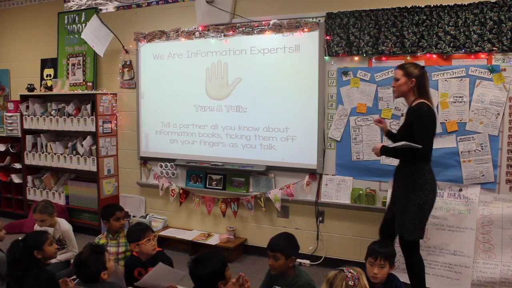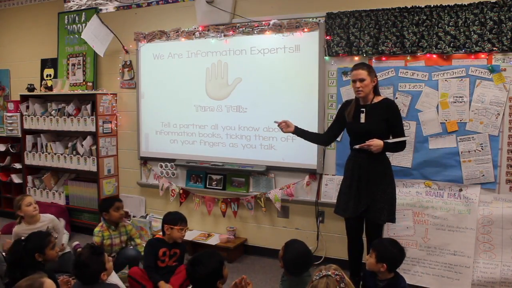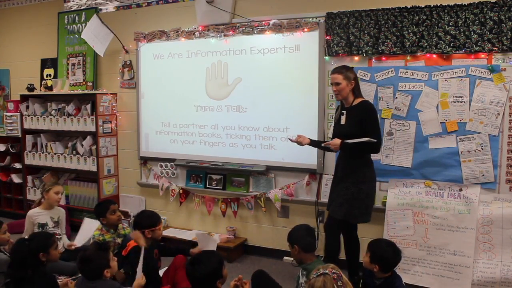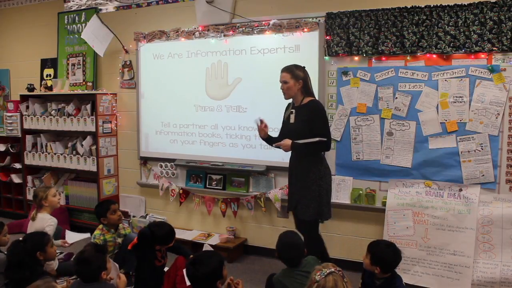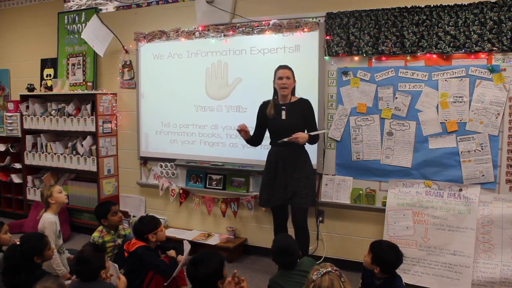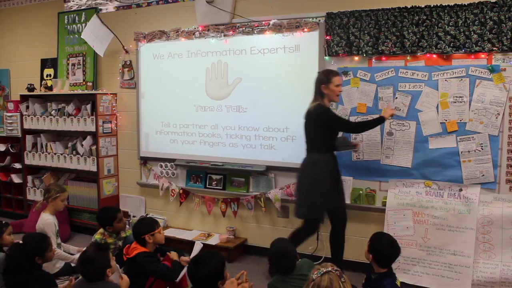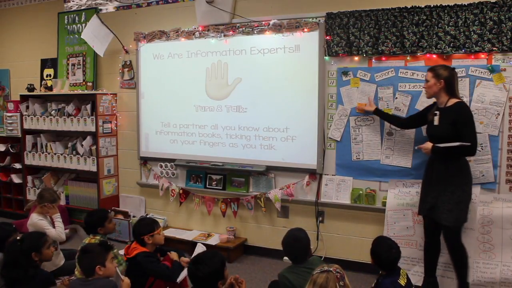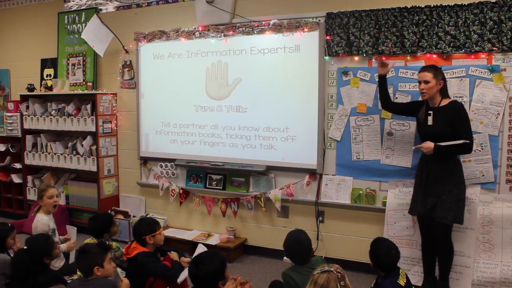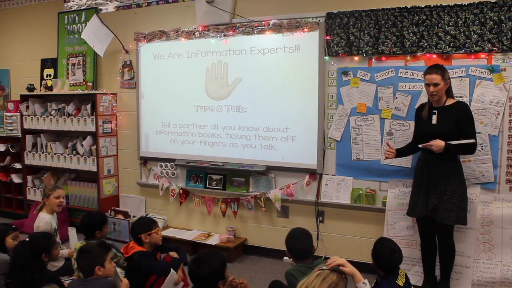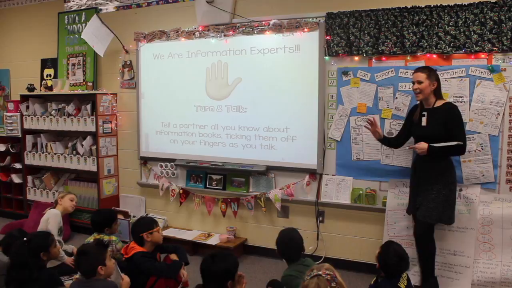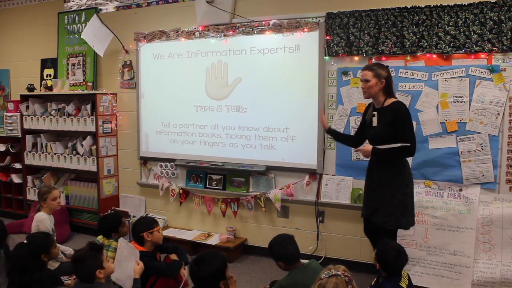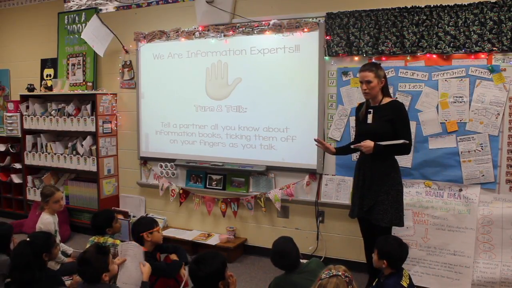Yeah. Okay, third graders, let me pause you for just a minute here. Some of the things that I'm hearing us talk about are text features, but we're not there yet. I'm talking about any of the other strategies that we have used so far. For instance, one of the things that we started out doing was we created a big list of all of our expert topics. I'm not asking you to tell me the type of text features that we need.